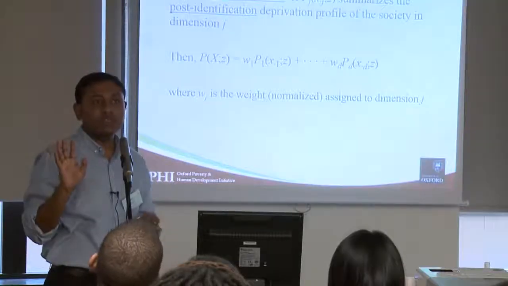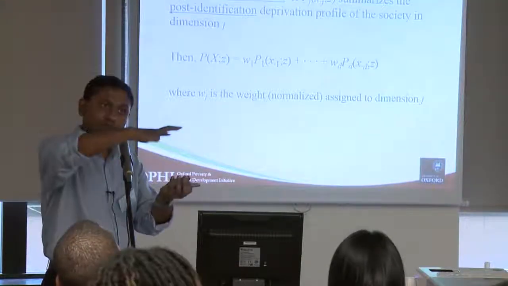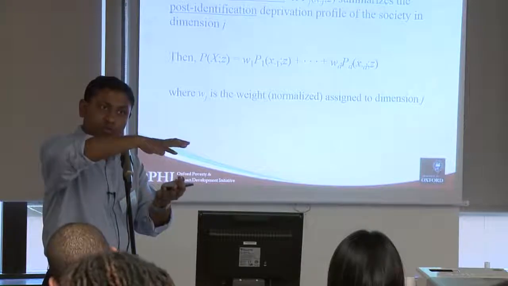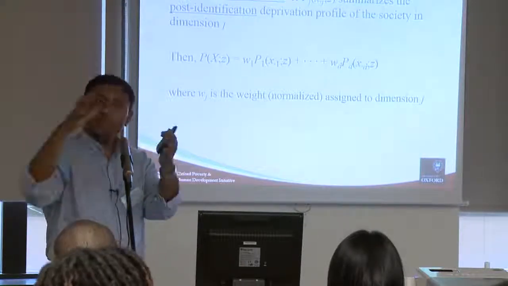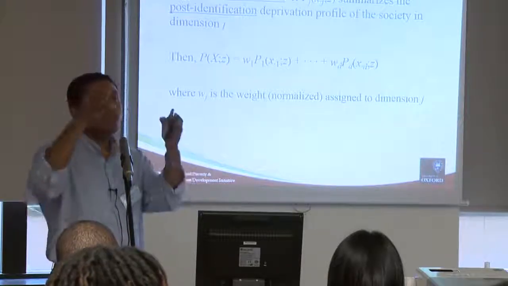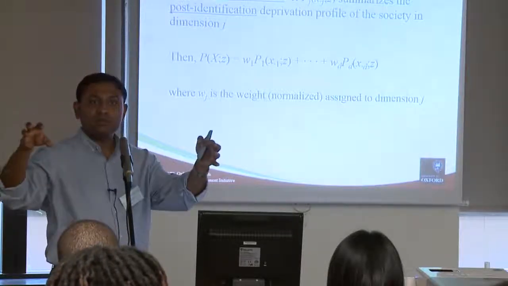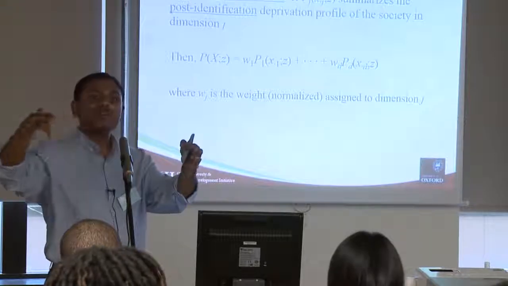That's the main idea of dimensional breakdown. Just like population breakdown, where you break down the population subgroups and compute the subgroup poverty, similarly, you can break down the overall poverty across dimensions to understand the contribution of dimensions to the overall poverty.